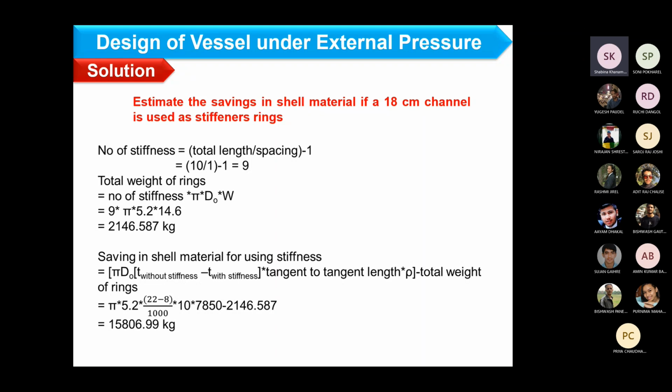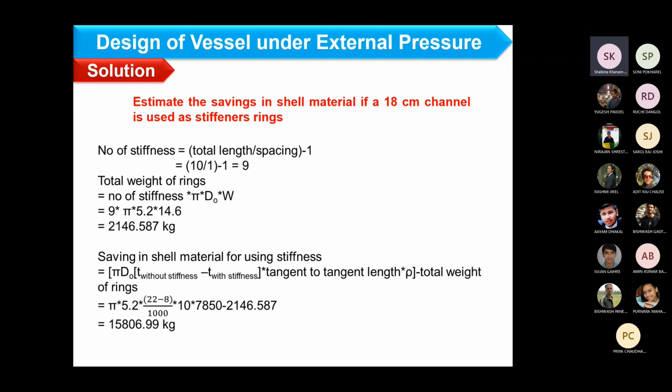So in this way you can find that significant saving is obtained, and with and without stiffener, how much difference in shell thickness we obtain, we have seen with this example.